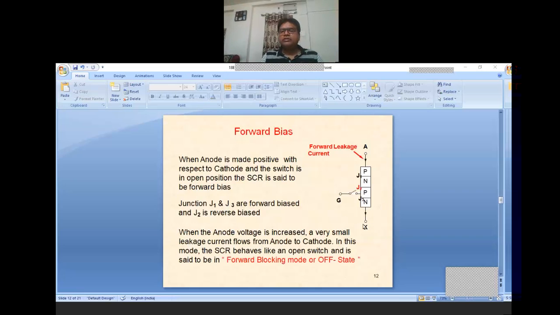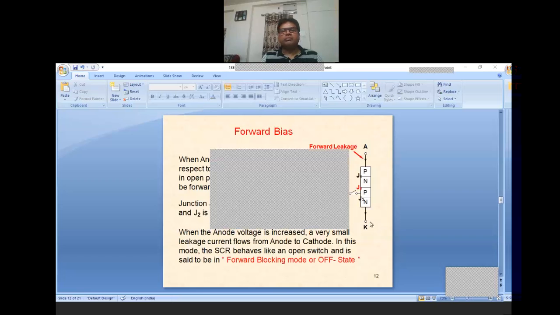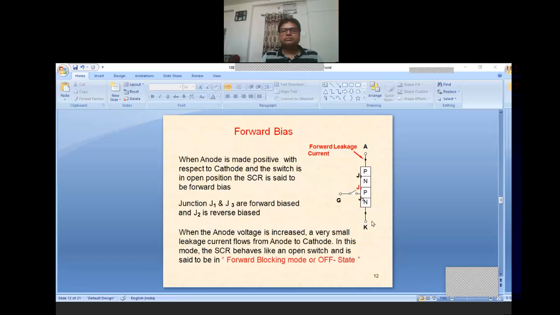Likewise, when it comes to the cathode, which is connected to the negative, the electrons which are the majority carriers available inside the outer N layer will get repelled from the negative terminal and try to enter junction J3.